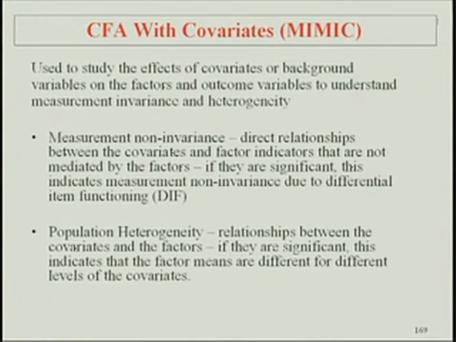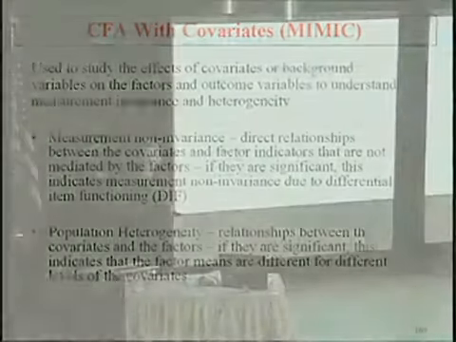So if you regress a factor on gender, and if that regression coefficient is significant, it means the factor means are different for the two groups, male and female. And in the MIMIC model, that's all we can compare. We can only compare factor means. And we know factors have variances and covariances, but we have to go to the multiple group model to be able to get at those parameters.